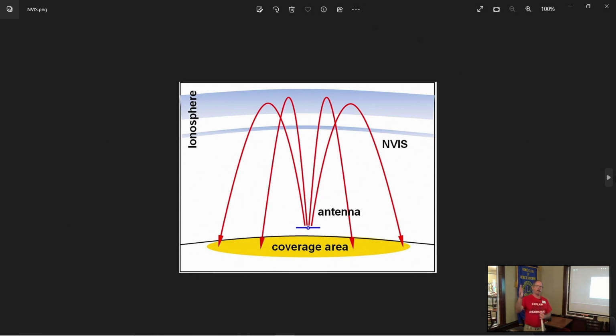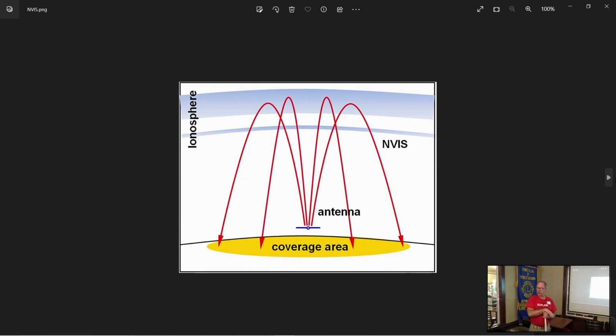And then we get 40 meters built in, 7 megahertz. 7 to 7.4 start to build in through the day. And then in the onset of sunset, that process reverses, so we lose 40 meters first, and then we lose 60 meters, and then we actually start to come back into 80 meters again.